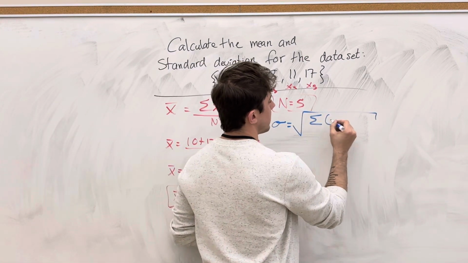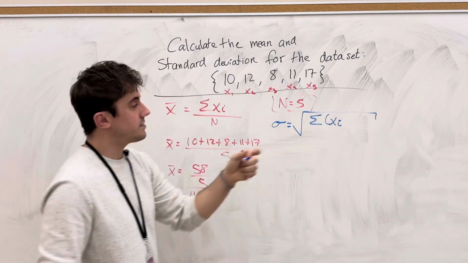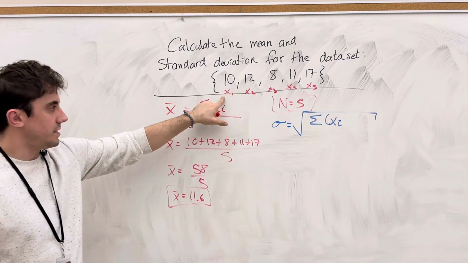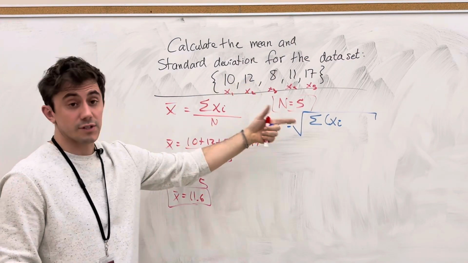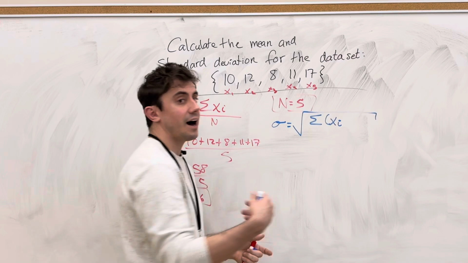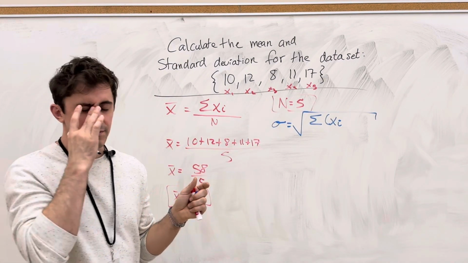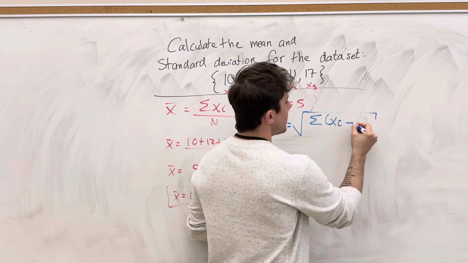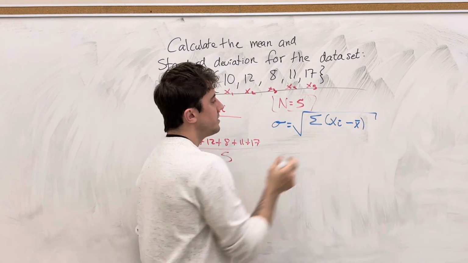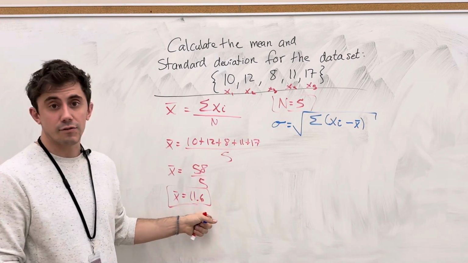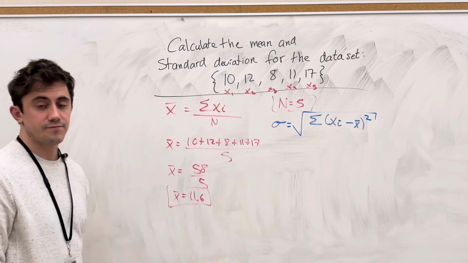We want to take the sum of the differences between the individual data points, the xi's, where x1 is the first data point, x2 is the second data point, and so on, where xi is the ith data point, so this can apply to any number of data points, xi minus the average. So we want to look at the difference between every data point and the average that we've computed, and we want to square those differences, okay?